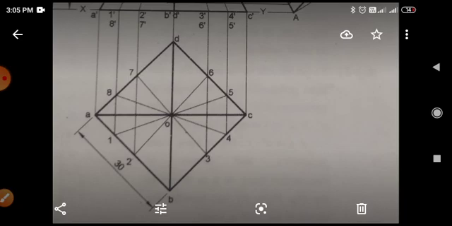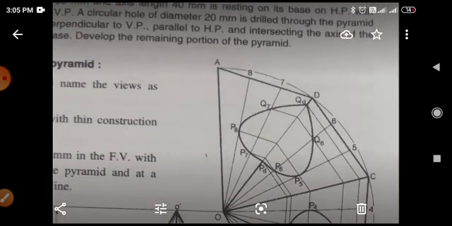Okay, see here. I am reading the problem, so pay attention, because in this drawing, this problem matters much.